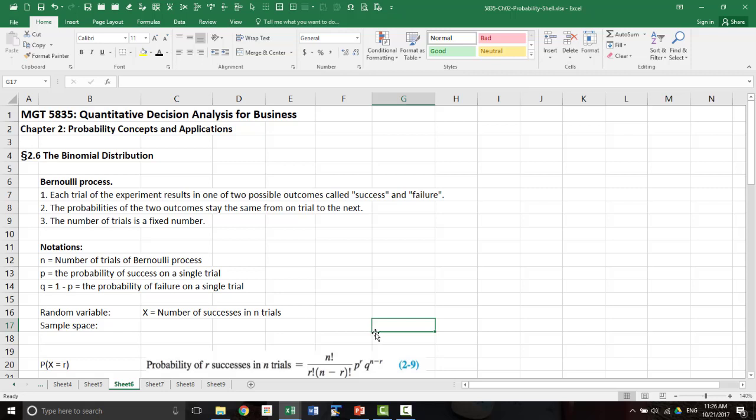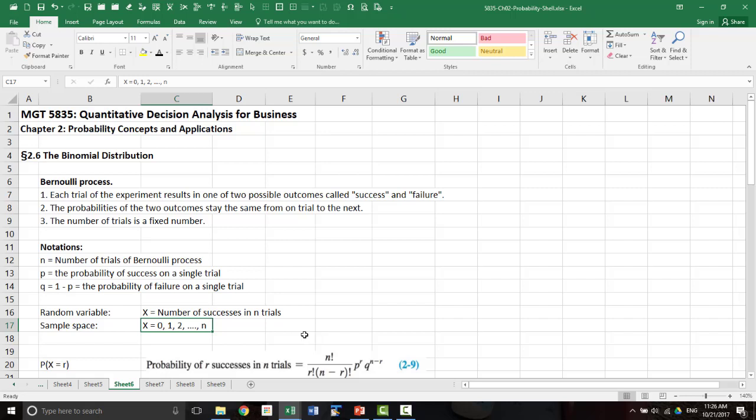So the sample space: what is the smallest possible value for x, the number of successes in n trials? 0, you may have no success at all. Starting from 0, the next possible value is 1, then 2, all the way up to n. So that is our sample space.